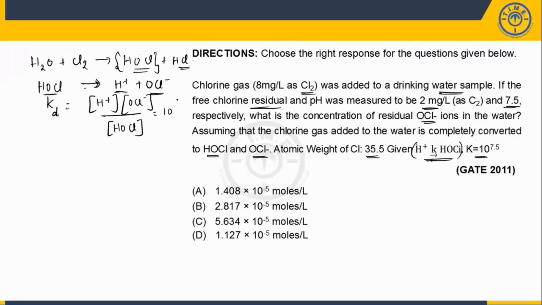That generally will be of the order of 10 power minus 7.5 mole per liter. Now, if we take the association reaction, this is quite opposite to this.